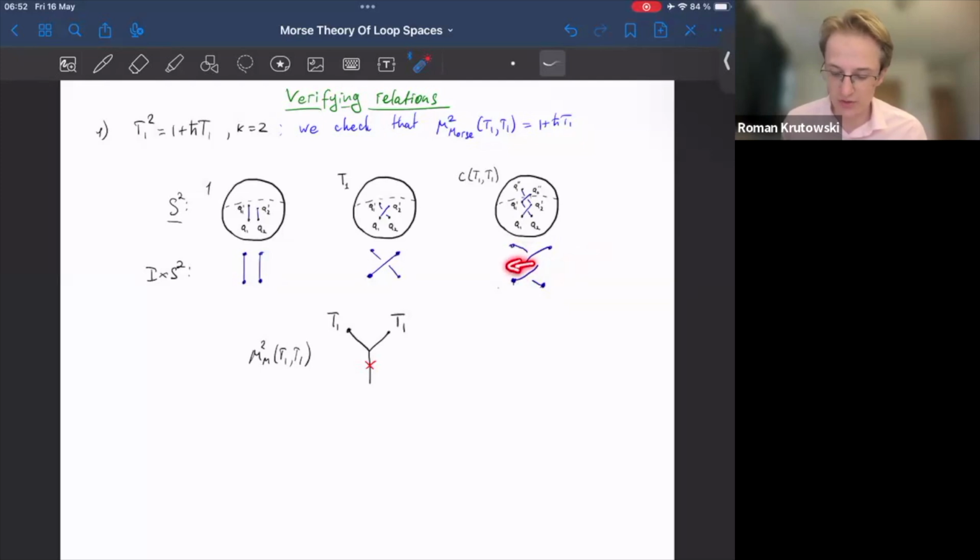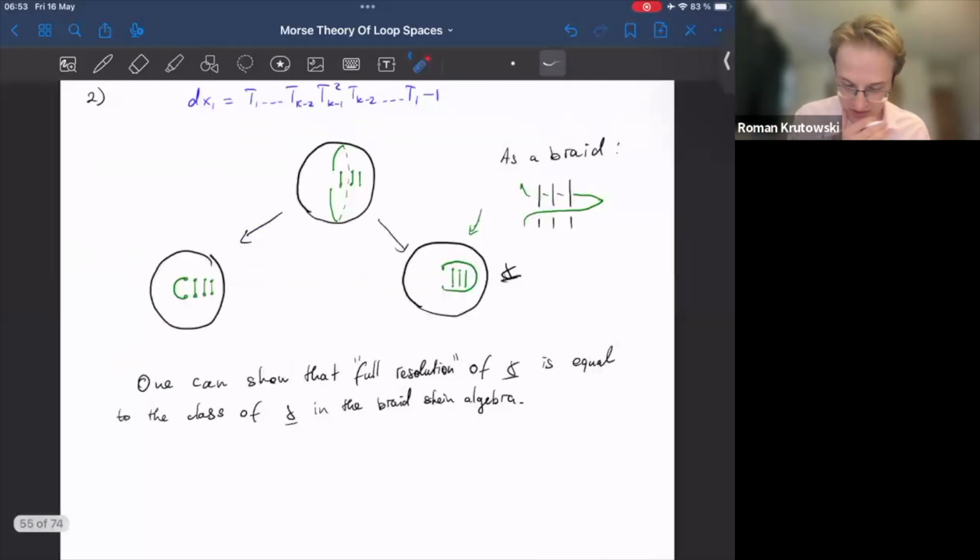You can see that this will flow this way, this thing will flow this way, and they will cross at some point. So you can resolve at this point and apply our switching map once. But this is the only thing that you can do. You may also not resolve, and then you will just flow to the identity. So this is where these two terms come from. This is a very straightforward computation.